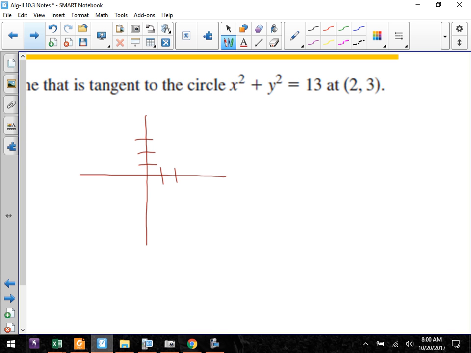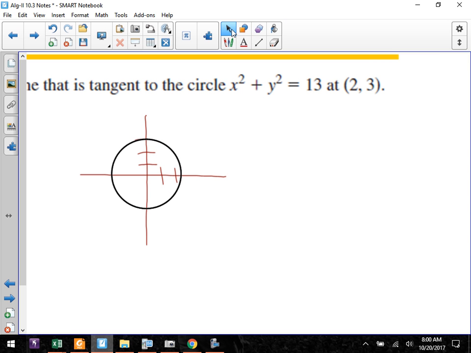Write the equation of the line that is tangent to the circle at the point 2, 3. What happens when you are tangent to a circle? You touch the circle at one spot, correct? What are you to the radius? You're perpendicular to the radius.